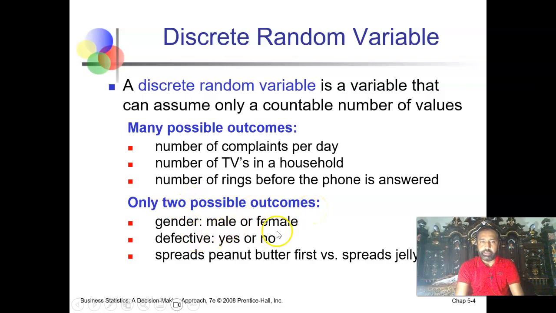For example, male or female, a product may be defective or it may not be defective, spreads peanut butter fast versus spreads jelly fast. So, these are only two outcomes. So, a discrete random variable can have more than two outcomes as well as it can have equal to two outcomes. However, it cannot take any value which is in decimals.